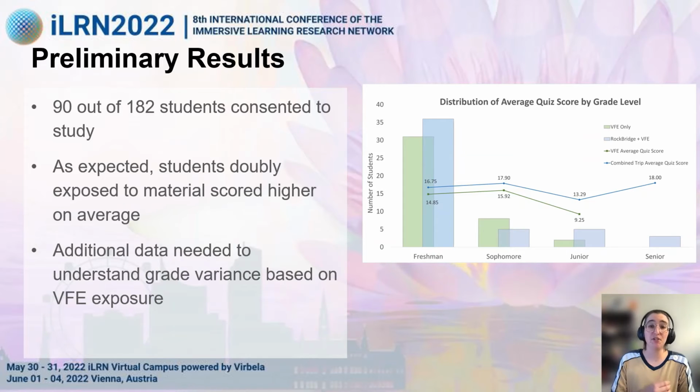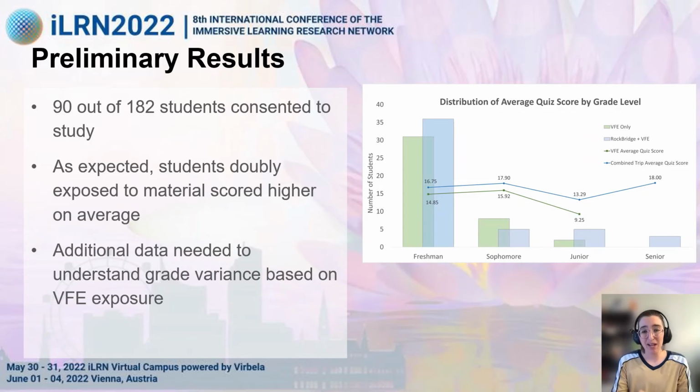But here I have the distribution of average quiz scores based on grade level: freshman, sophomore, junior, and senior. On the left and in green are results from students who only completed the VFE, and in blue and on the right are students who completed both the VFE and in-person trip. Because we integrated the VFE into the existing course structure, our data are unbalanced, with more students having completed both versions.